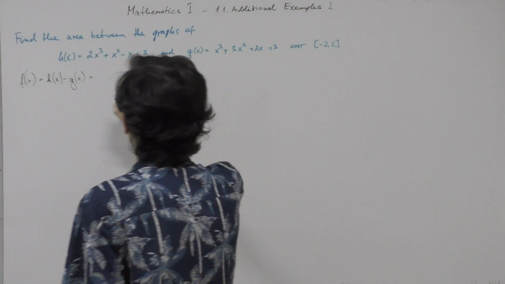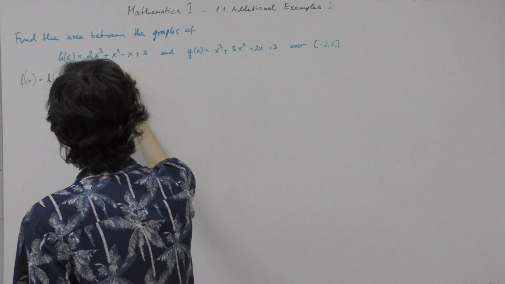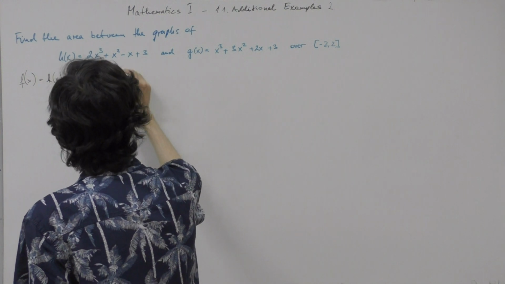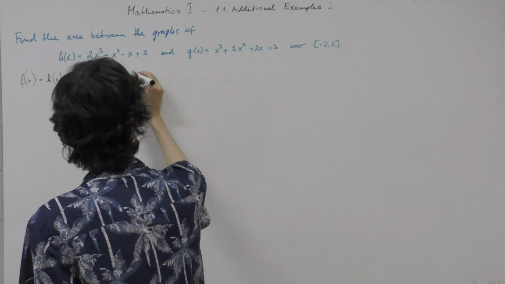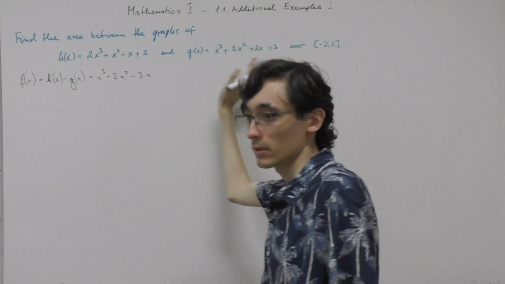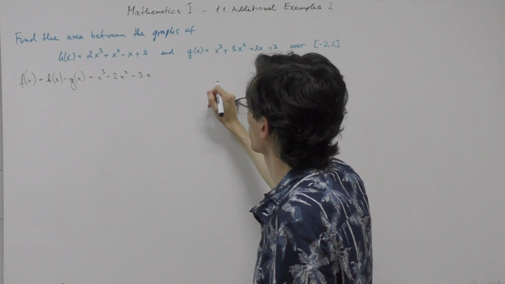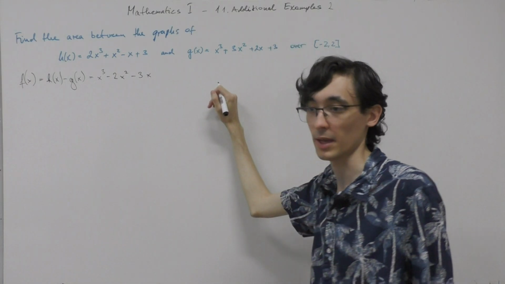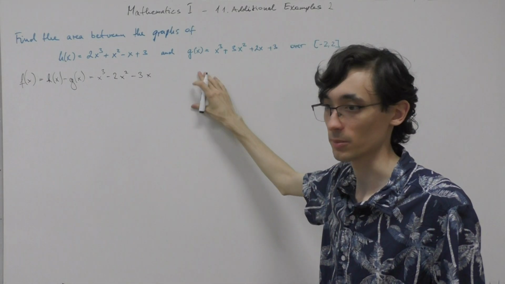And then this will be x cubed minus 2x squared minus 3x plus 0. Constants cancel out.